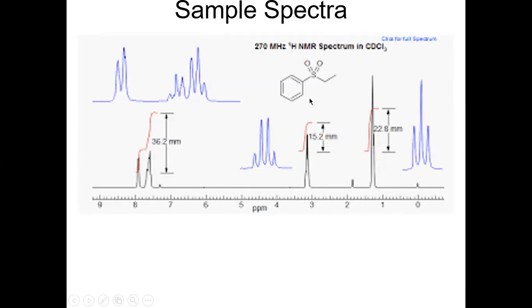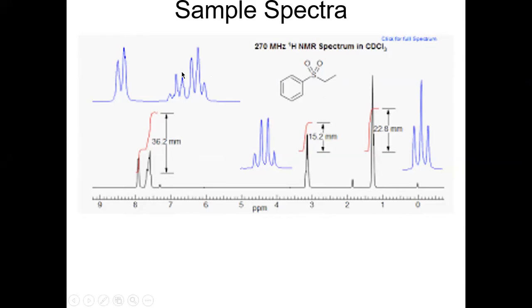So in this molecule right here, you can see 1, 2, 3 aromatic signals, and then these other 2 signals right here, the triplet, and then the quartet, right? So every hydrogen that's different in this molecule is going to give its own signal. So you can see here, you got 3 different signals down here between 7 and 8.